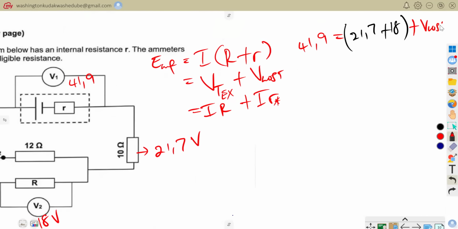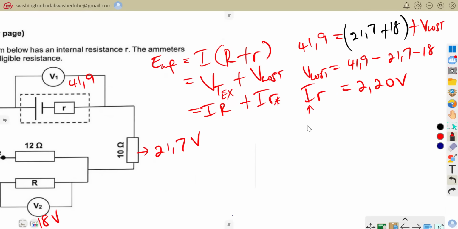My V lost was just going to be equal to this minus that. That was going to be 41.9 minus 21.7 minus 18. That was going to be equal to 2.20 volts.